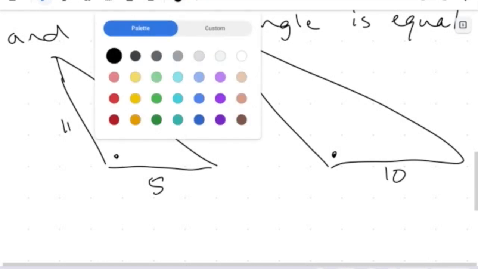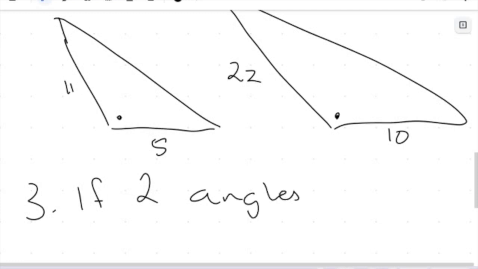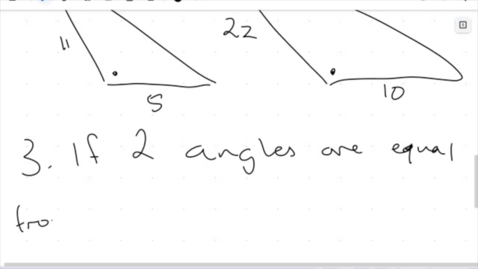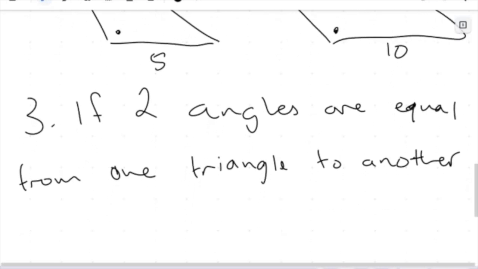So, test 3. If two angles are equal from one triangle to another, so if corresponding angles are equal, then we have similarity.